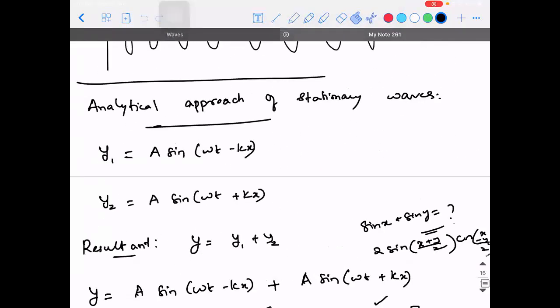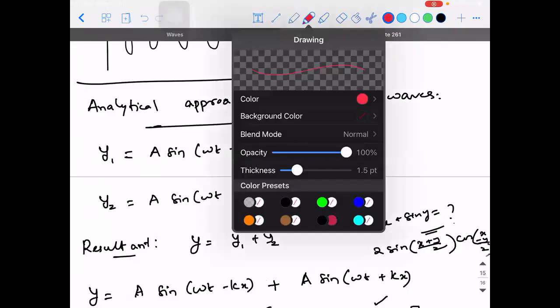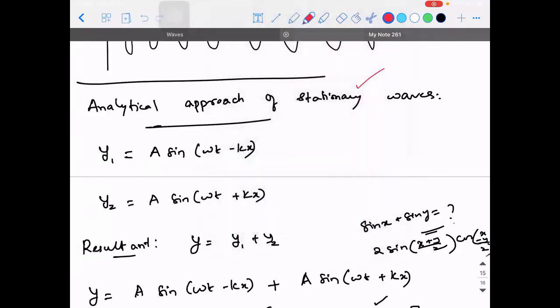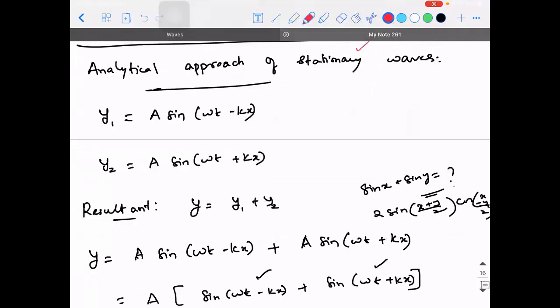Yesterday we discussed a very important concept, that is the analytical approach to stationary waves. In that I showed you the derivation. This is the wave traveling to the right, and this is the equation for the reflected wave.